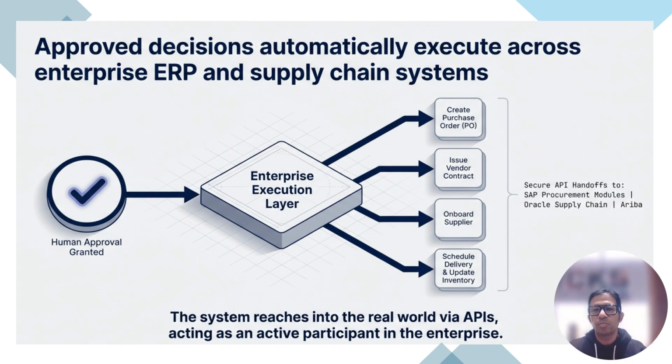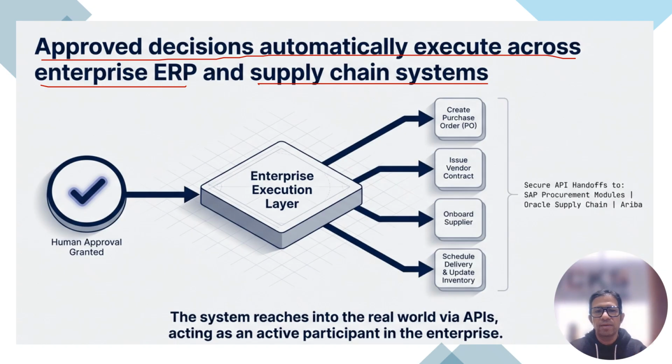This is the slide that proves ProcureMind OS is not just generating recommendations, it's actually acting inside the enterprise. Approved decisions automatically execute across enterprise ERP and the supply chain systems. So once a decision is approved, the system can execute actions automatically, safely across ERP and supply chain systems.